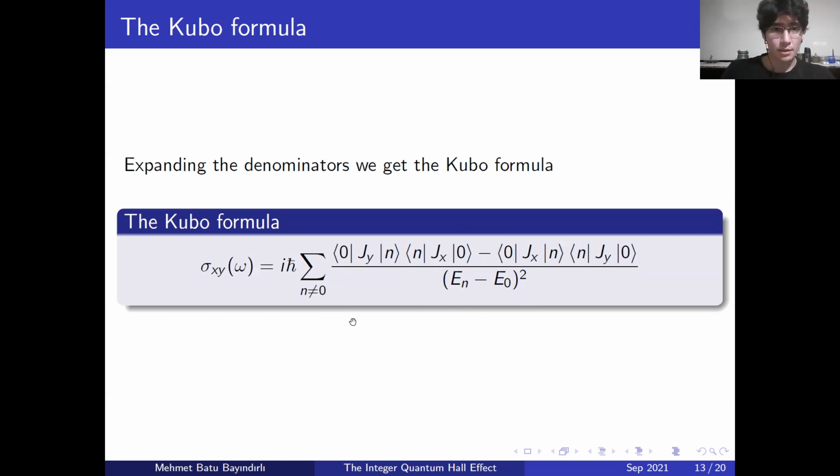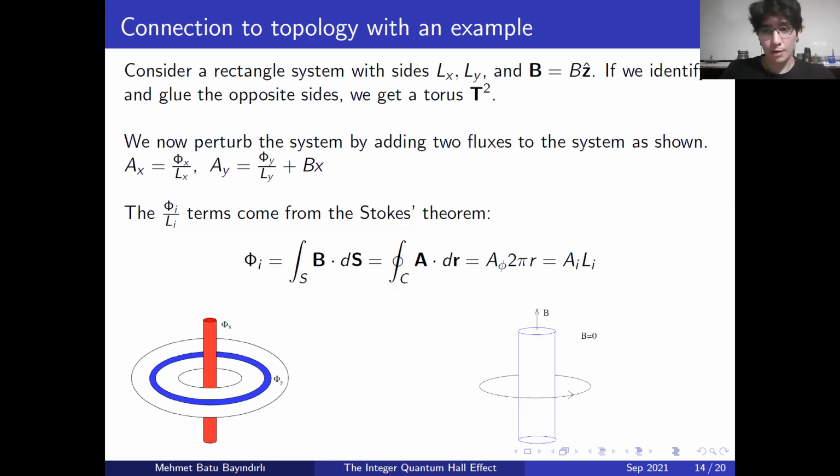Okay, so let's get to our example where we combine these concepts. Let's assume we have a rectangle with sides Lx and Ly. We identify the opposite sides, and let's assume we glue those together, and we actually get a torus.